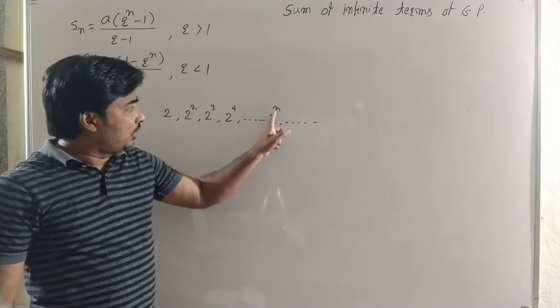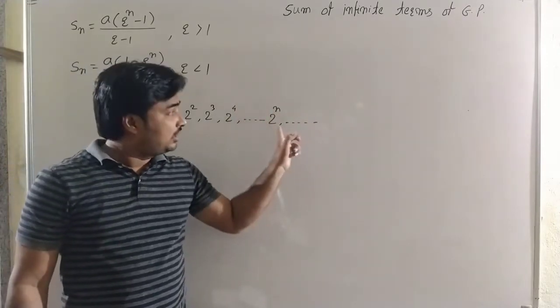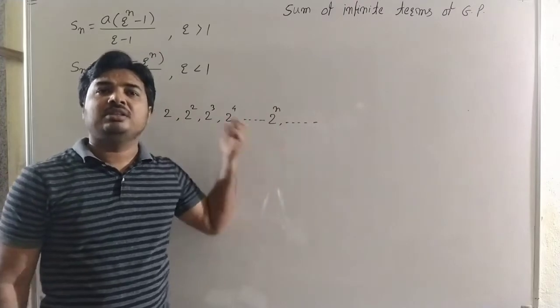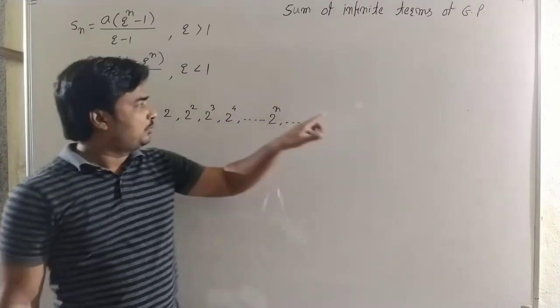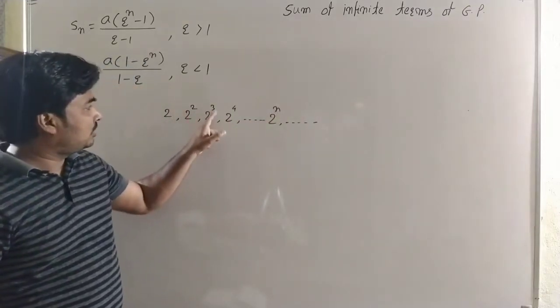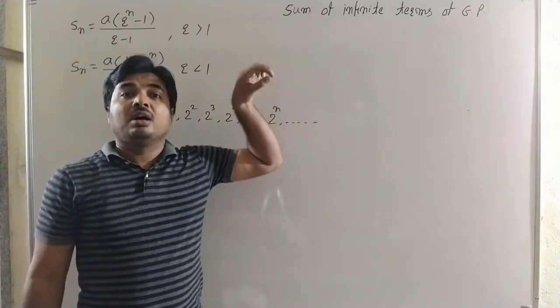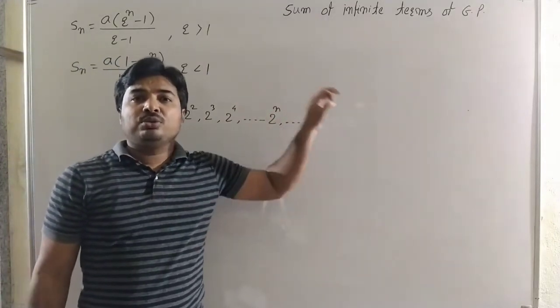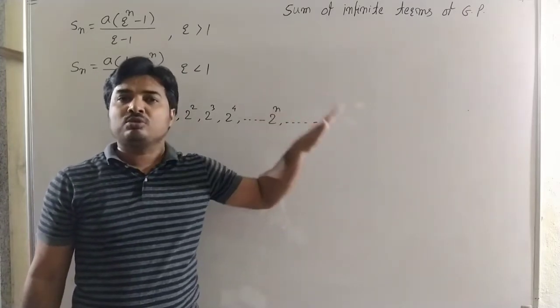When n is larger and larger, the nth term in this geometric progression is infinity. That means when n tends to infinity, the term Tn also tends to infinity.